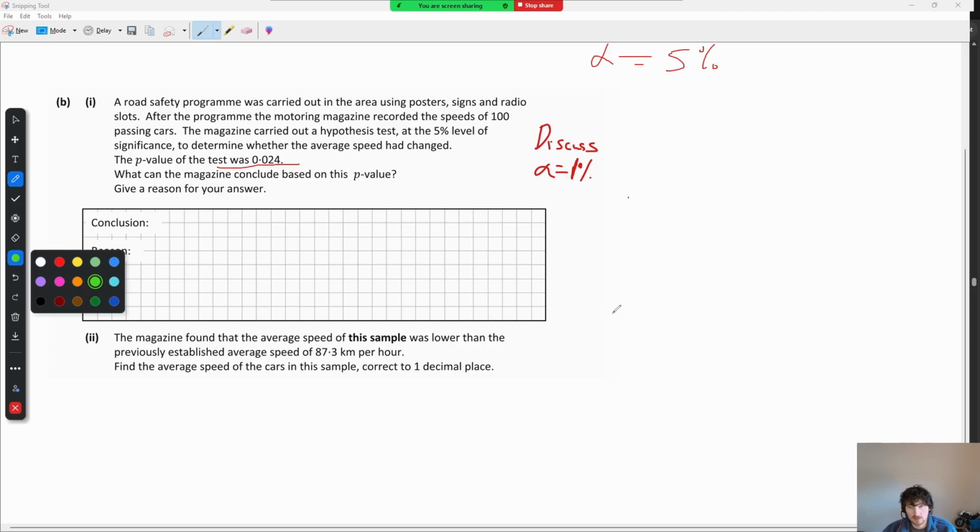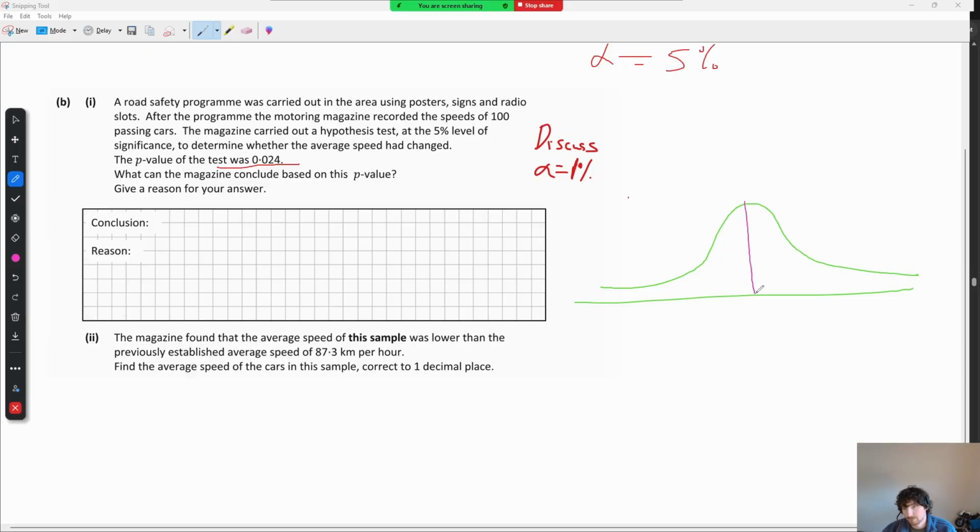Just to remind people, I've hammered this out so many times already in the first two parts, but the p-value is an area. We have here minus 1.96 and then plus 1.96. If you're in this orange section, you're in the rejection region.